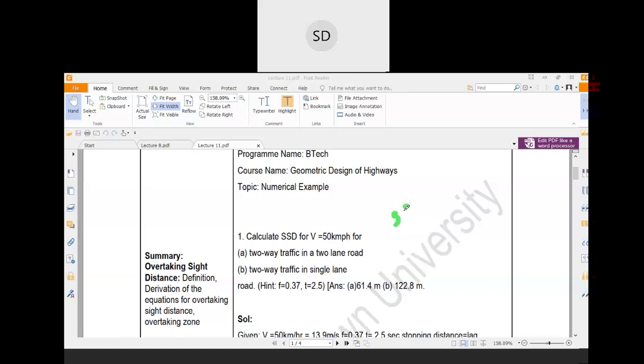That is SSD equal to V into T plus V square divided by 2gf.